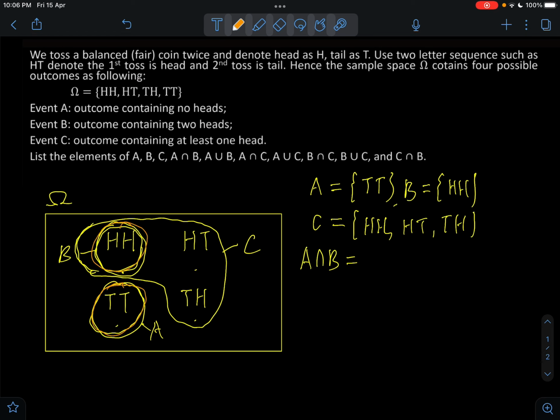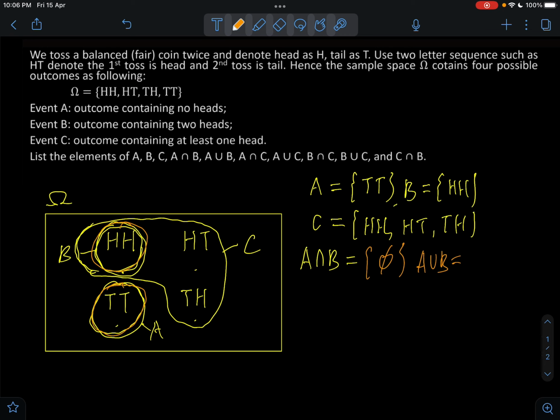So you will see these two events are disjoint. We also say there's no intersection between A and B, so the result will be the empty set.